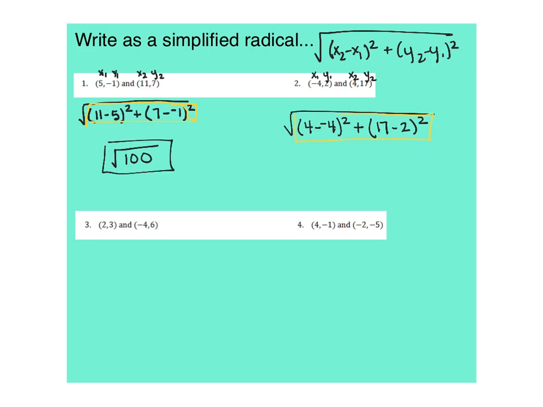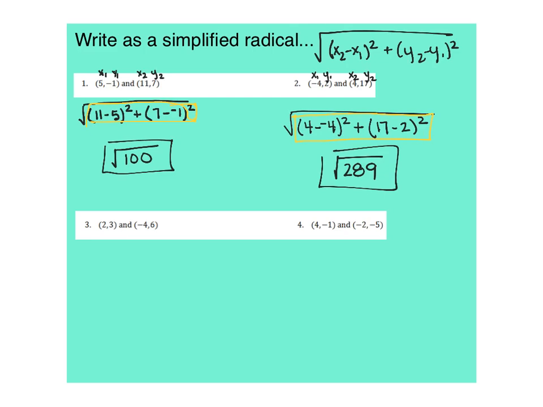So we're just plugging all of this into our calculator. So I do 4 minus negative 4 squared, right? And then I'm going to add 17 minus 2 squared. I get 289. So I still have the square root, and I just have 289 underneath.